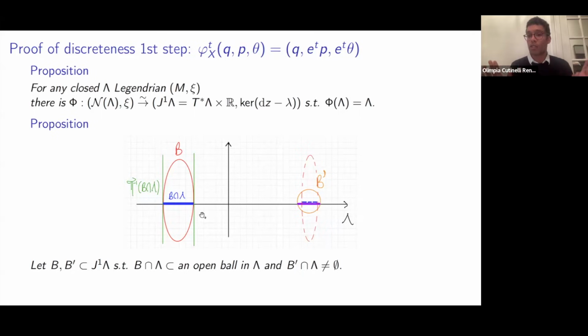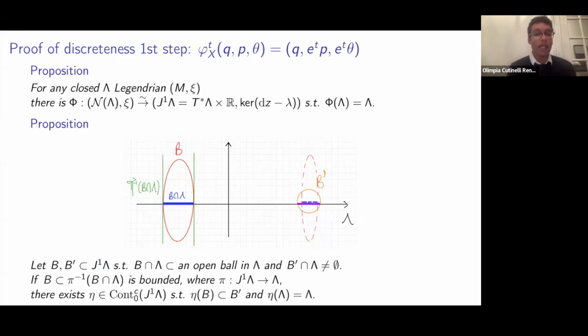And B prime, you just assume it to intersect lambda. And if B lies above the intersection with the zero section, so if B is in this green cylinder and B is bounded, then there exists a compactly supported contactomorphism that sends B inside B prime. And moreover, this contactomorphism fixes the zero section.